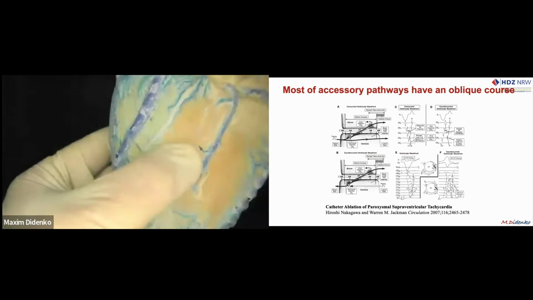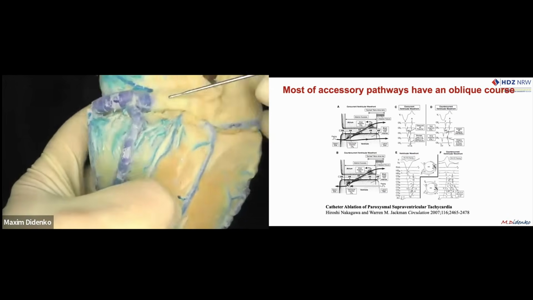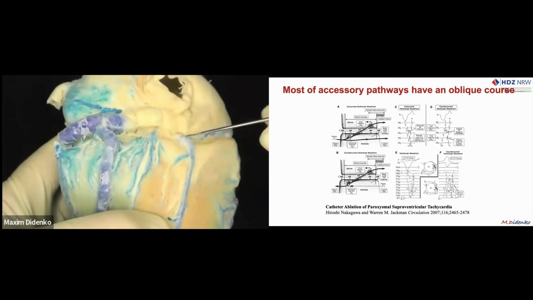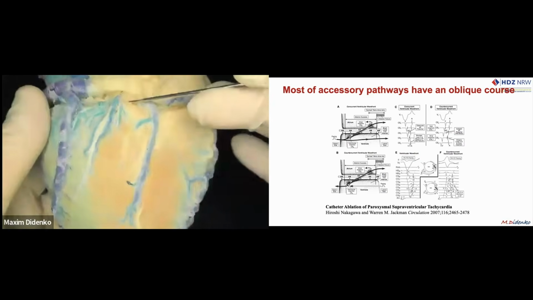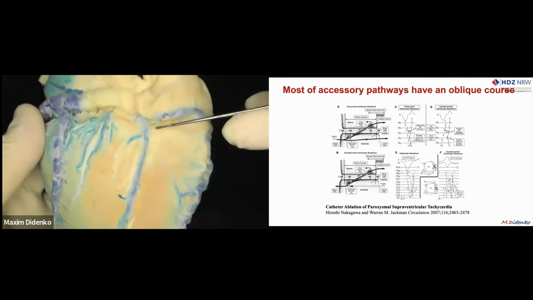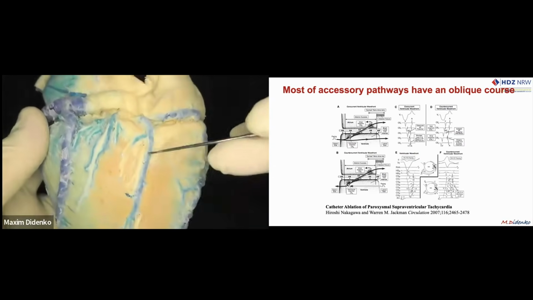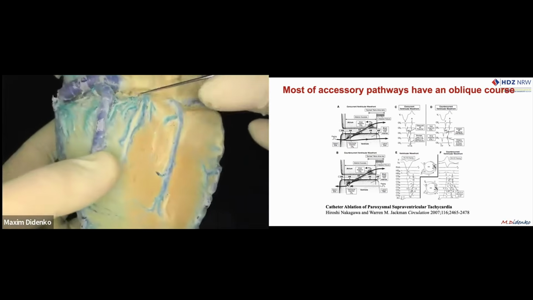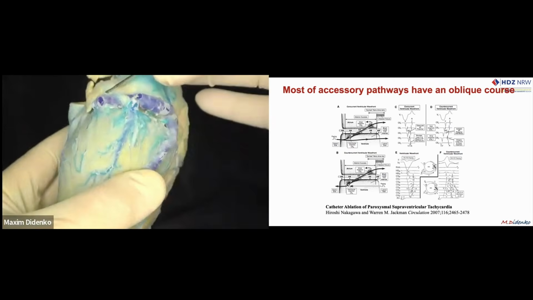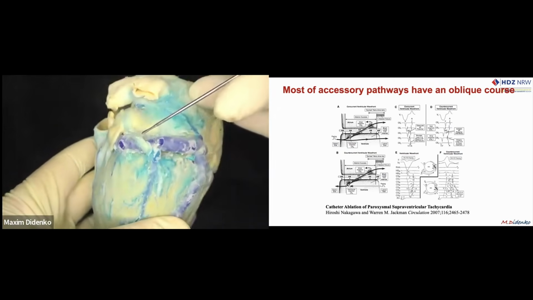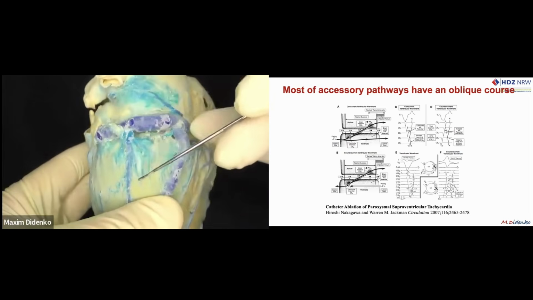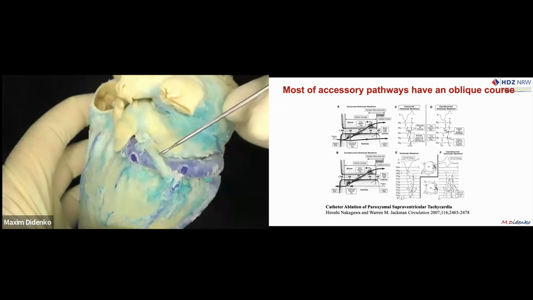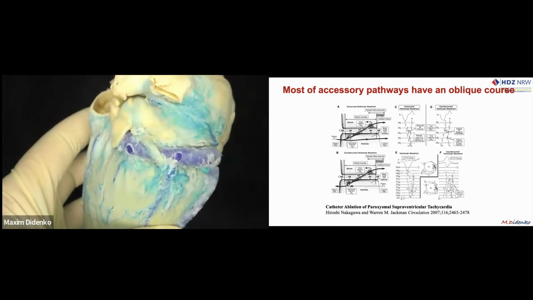In this case, you can see the coronary sinus here, and this is the last part of the right coronary artery, and this is the posterior interventricular artery here, and then the circumflex artery in this case almost ends here, maybe with some branch here, but sometimes you can see it really above the coronary sinus.